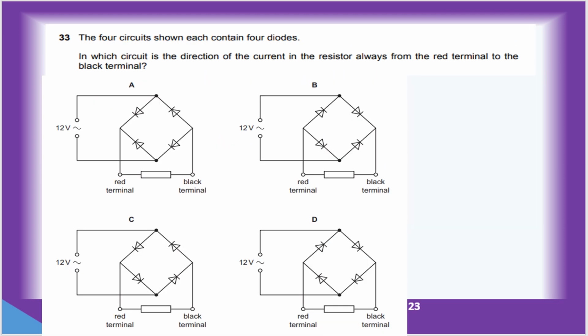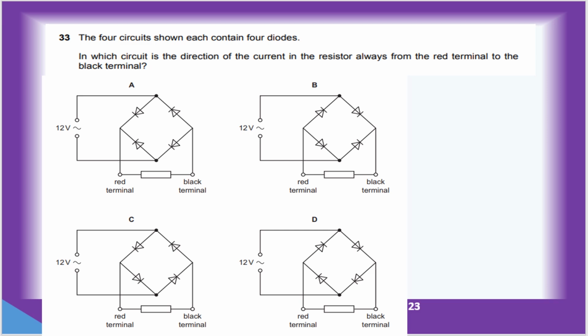Now, four circuits are shown. The four circuits shown each contain four diodes. In which circuit is the direction of the current in the resistor always from the red terminal to the black terminal?